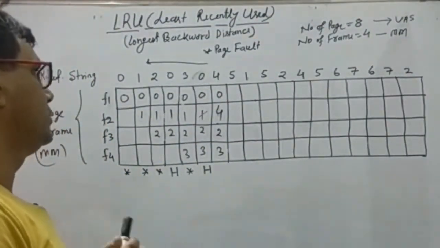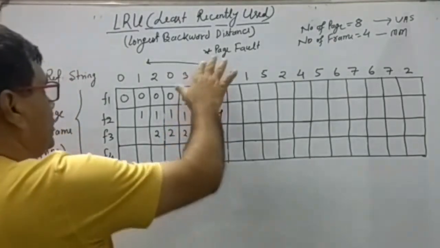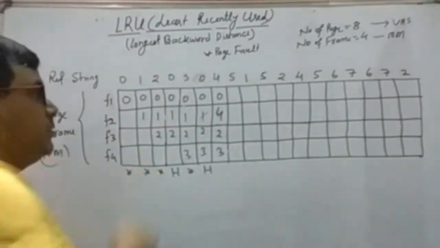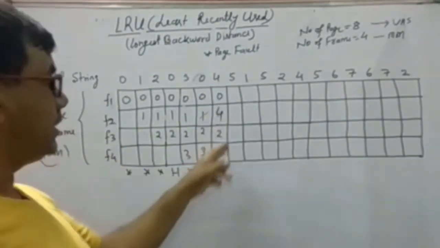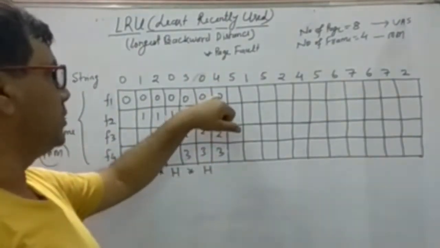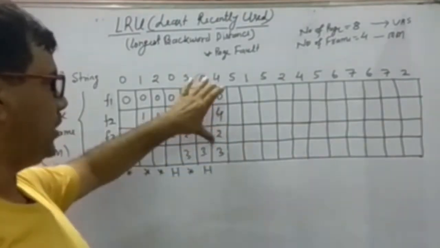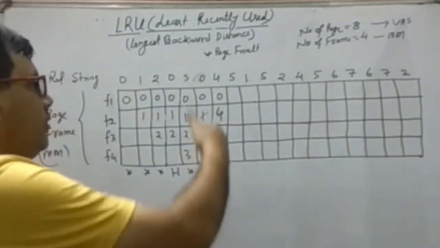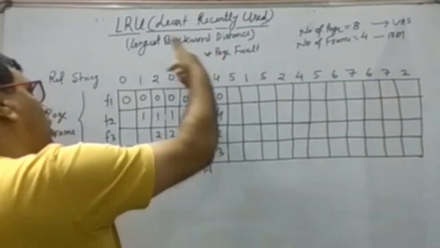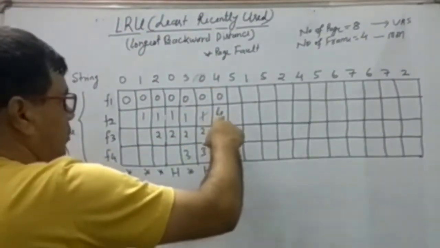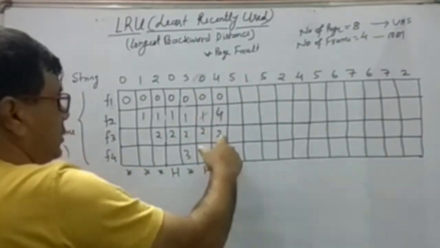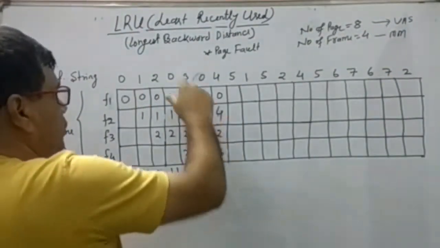Now look here, the same thing happens. Page number 5 arrives. Again we look: pages 0, 4, 2, 3 are available. We search which page has the longest backward distance. 0 is here, 4 is very near, 2 is here and 3 is here.